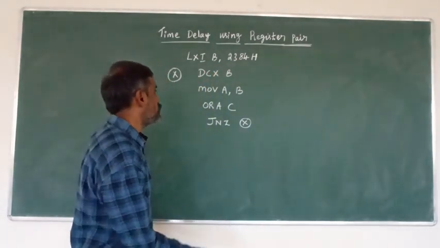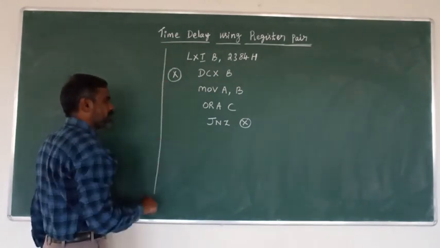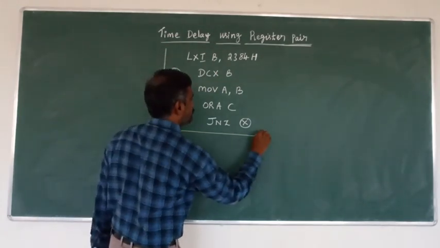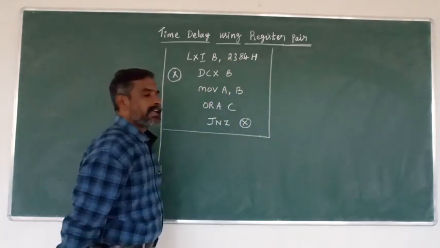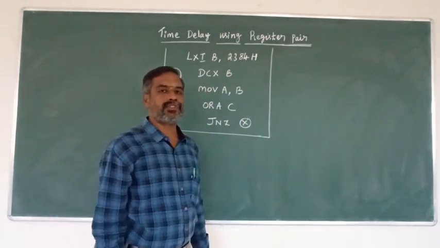Okay. Now to calculate the time delay, how much time will it take to decrement 2384 to 00?